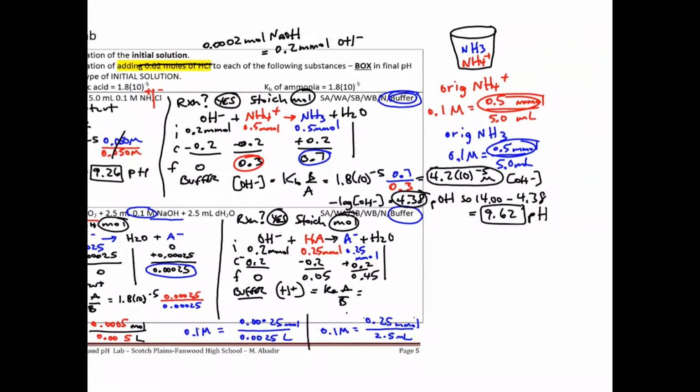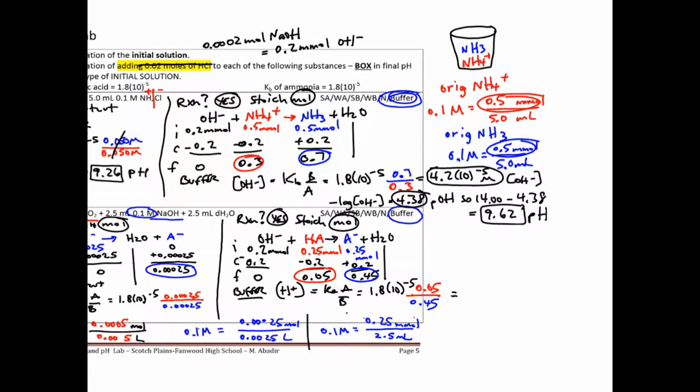So I'll plug in my Ka, which is 1.8 times 10 to the minus fifth, times the acid, which is the 0.05 millimoles, over the base, which is the 0.45.